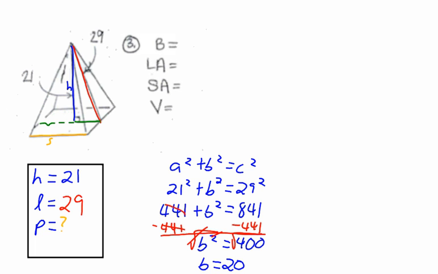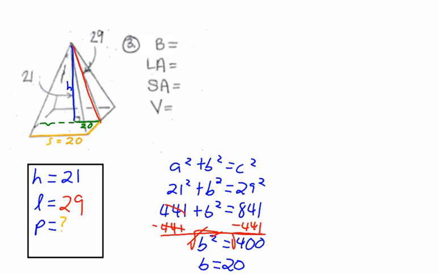So that makes this side right here 20 units. My yellow side of my pyramid is double that, or 2 times that. So my yellow side is 20 units.